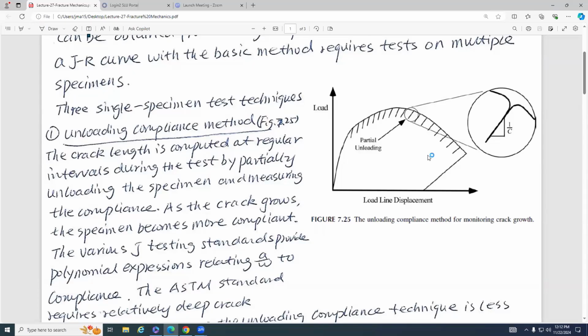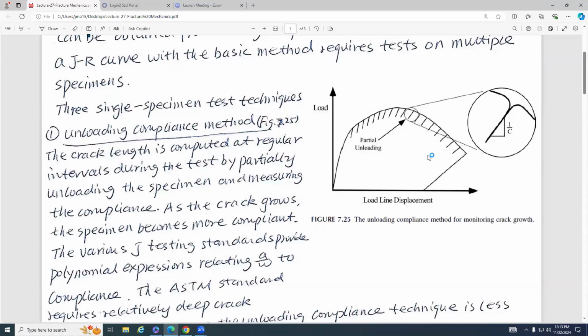The crack length is computed at regular intervals during the test by partially unloading the specimen and measuring the compliance, and you should have regular intervals. For example, every 3 minutes I will check the new crack length. I just give you an example; it depends on how stiff your material is.